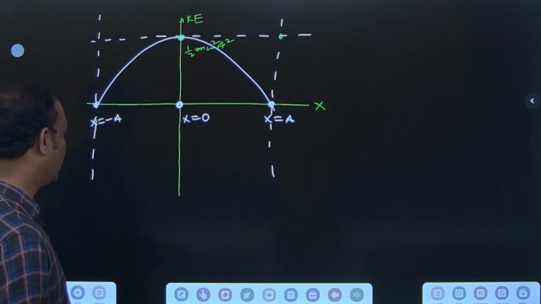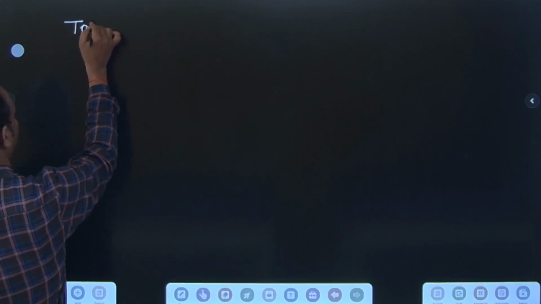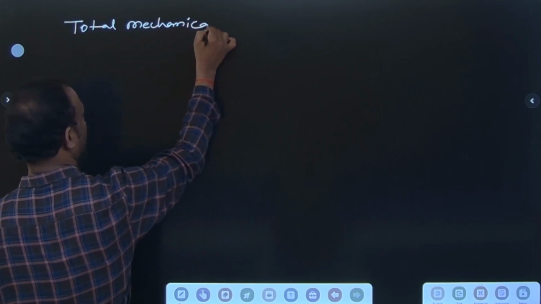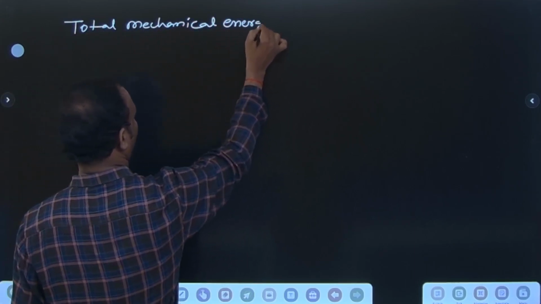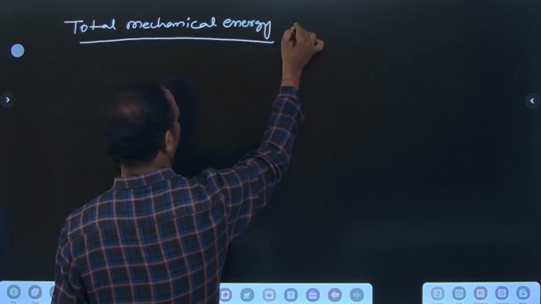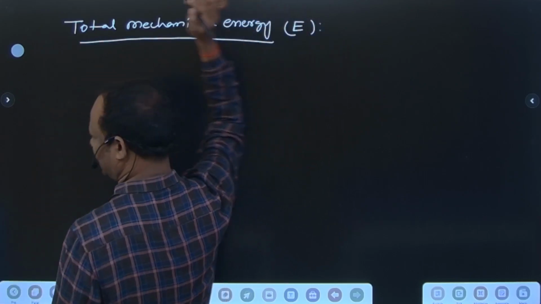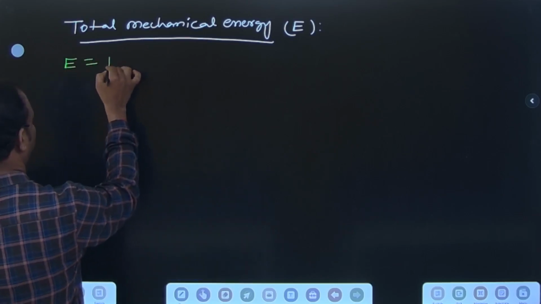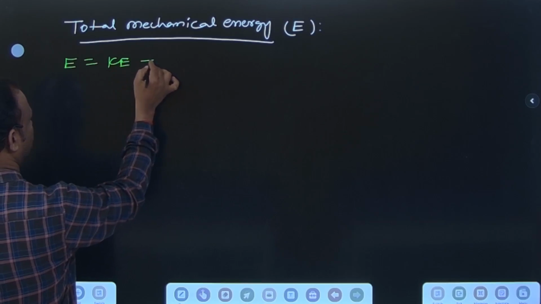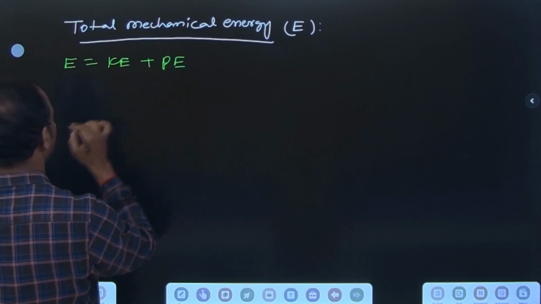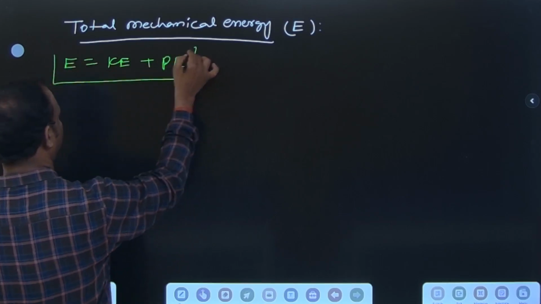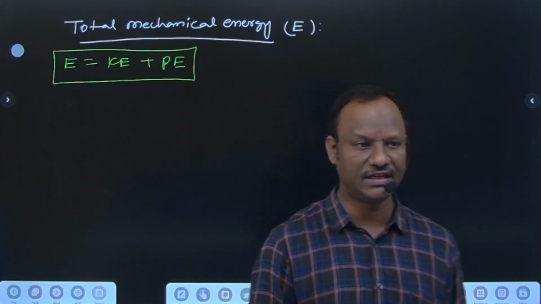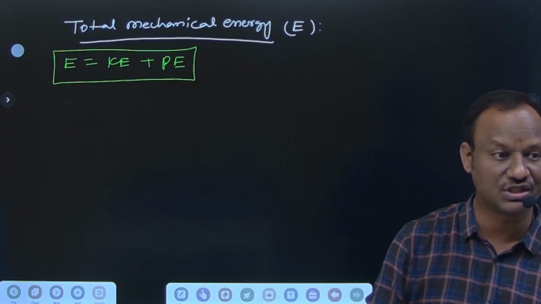Next is total mechanical energy, denoted by E. Total mechanical energy E is equal to kinetic energy plus potential energy. One thing you need to remember: if kinetic energy is maximum, potential energy should be minimum.